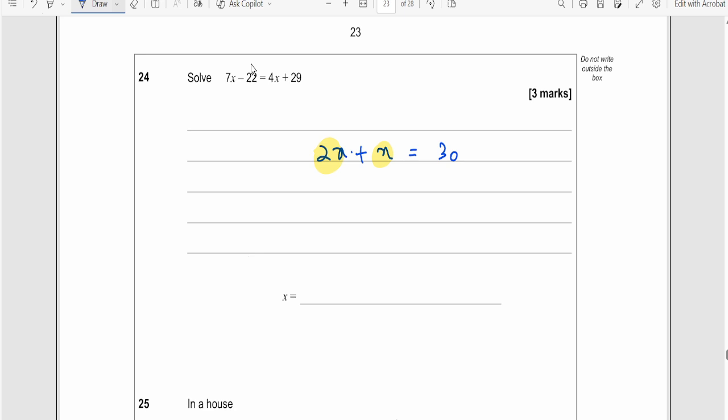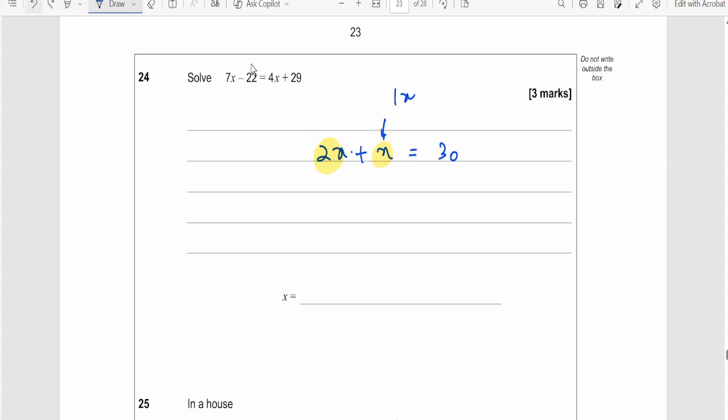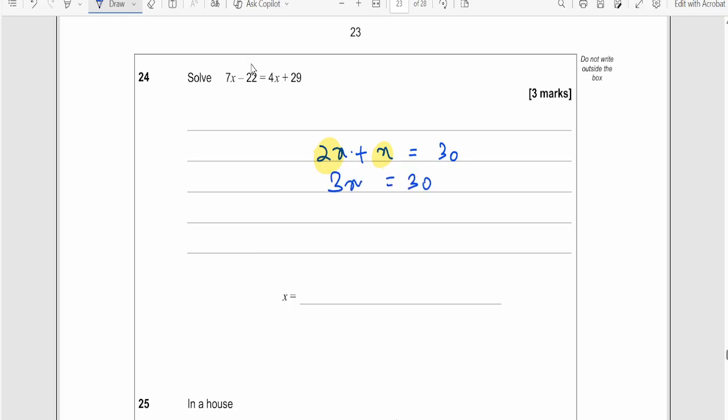So 2x plus 1x, how much is that? 3x, right? Oh, yeah.